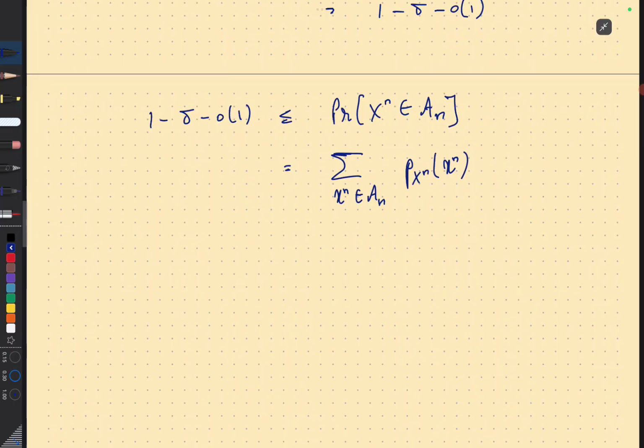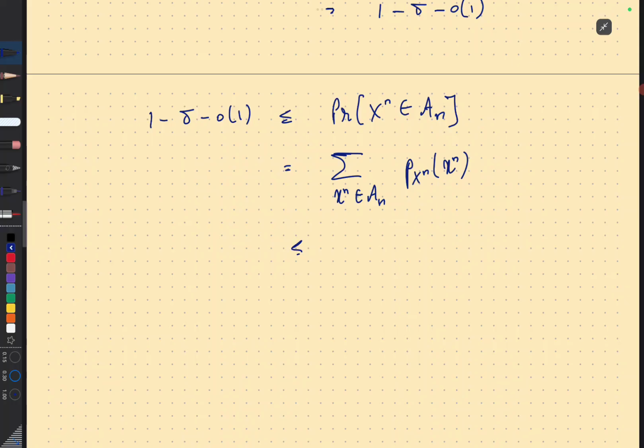It is the intersection of B_δ with T_ε, which means that every sequence in A_n should also be in T_ε, right? But we've seen that for any sequence in T_ε, the probability of occurrence of that sequence is roughly 2 to the minus n times the entropy.